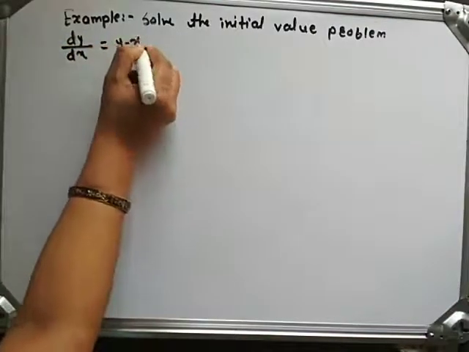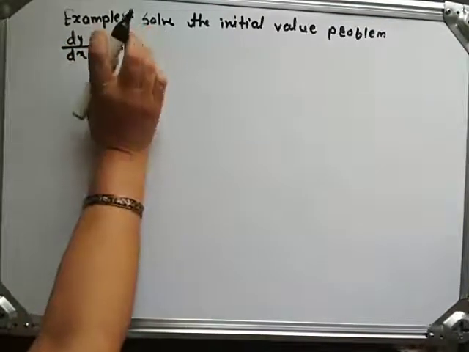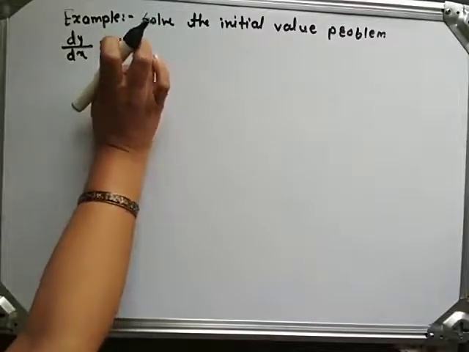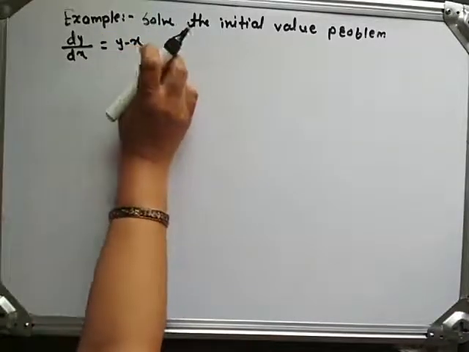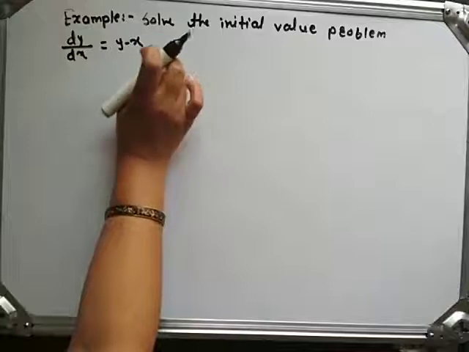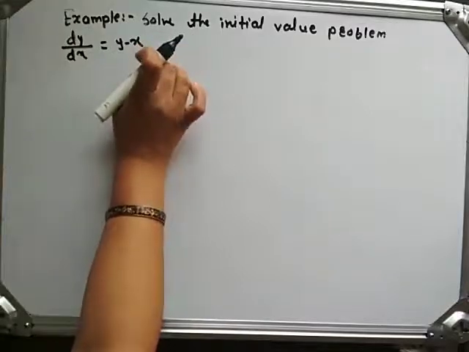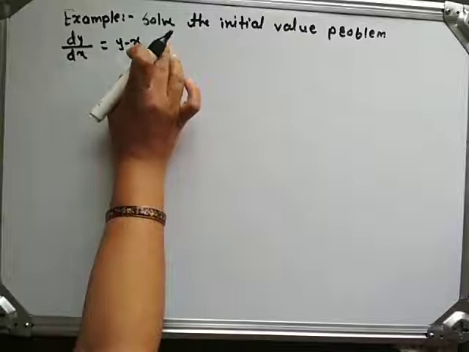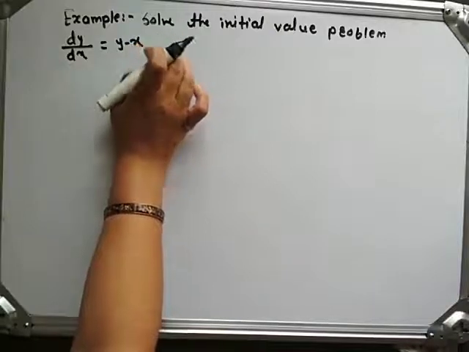In the previous video we have solved the example by using the Runge-Kutta formula of second order. In this video we will solve this example by using the Runge-Kutta formula of fourth order.